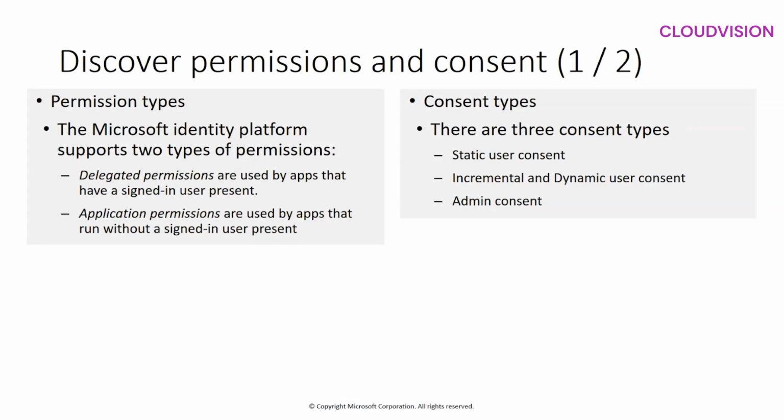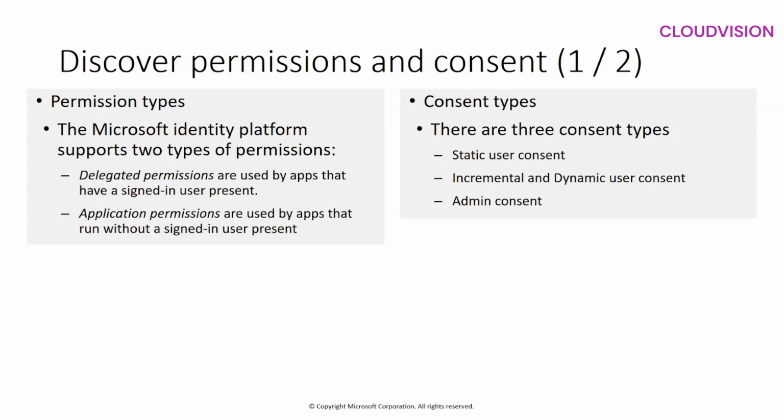Now, whenever you are asking for permissions, there are three ways by which consent will be given. One is static user consent. Static means I know what permissions I need in my application, right? So I should go through each and every single permission and I will request for that. So at the time of installation or creating that instance of the app, the permissions will be granted.